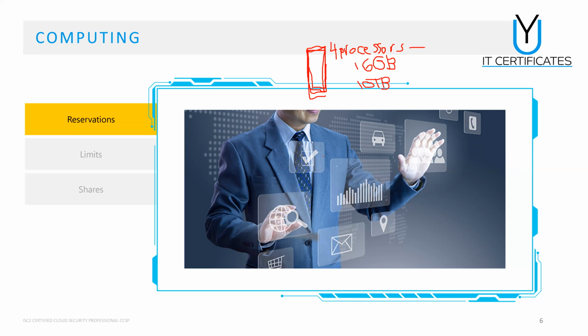Then the reservation will be in the form that, okay, your server should have 4 processors, 16 GB RAM, 10 terabyte.